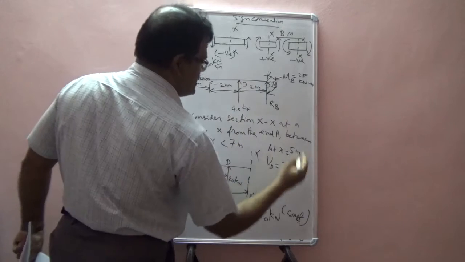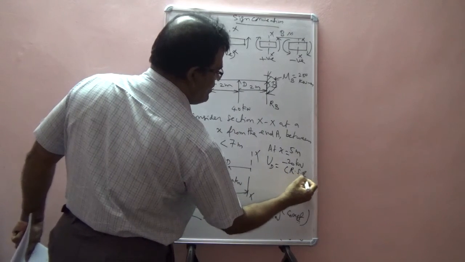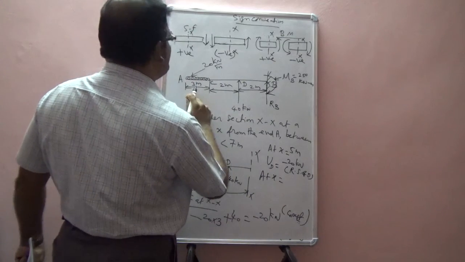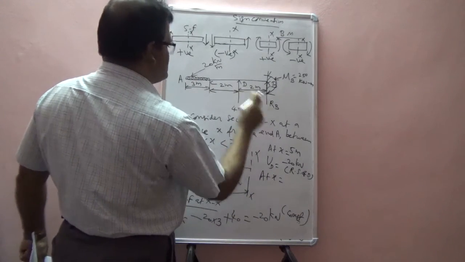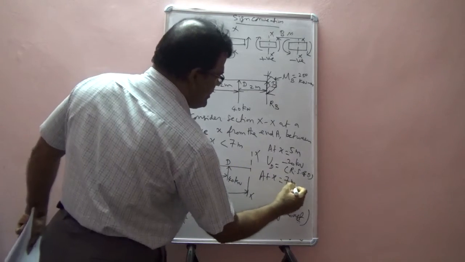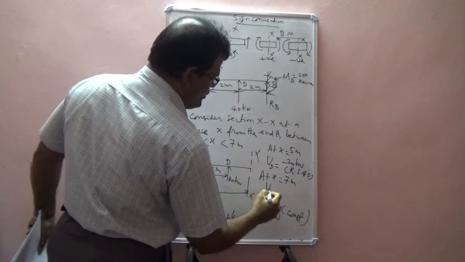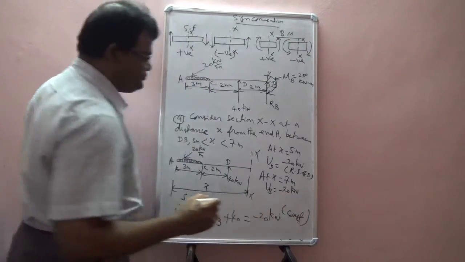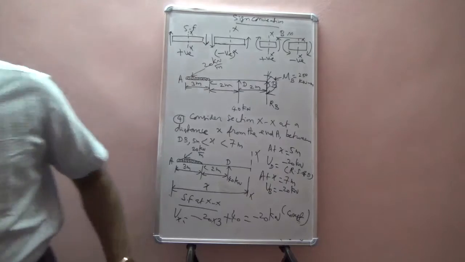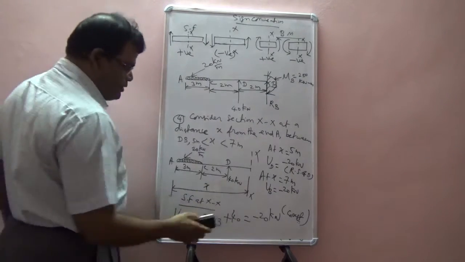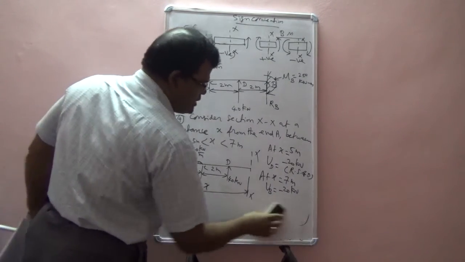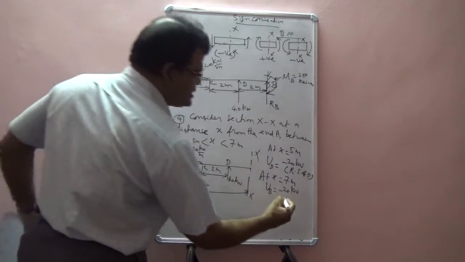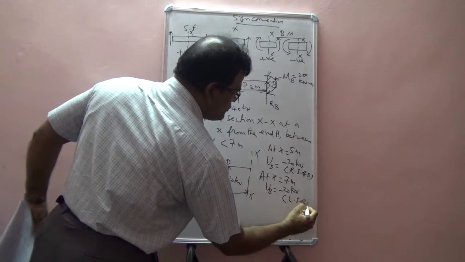So this is right side of D. Then at x is equal to 7 meter, it indicates point B. So VB will be equal to minus 20 kilonewton. So that is the left side of the point B.